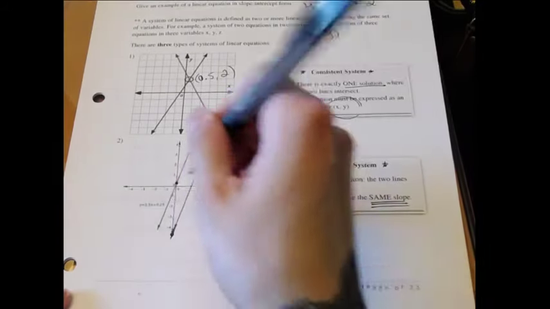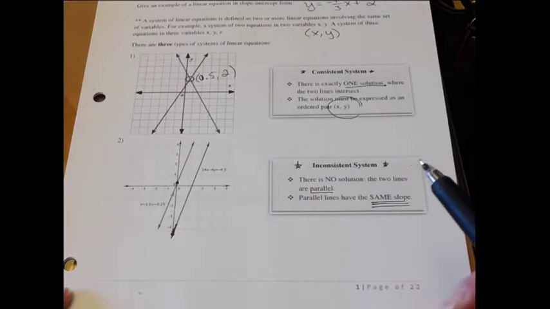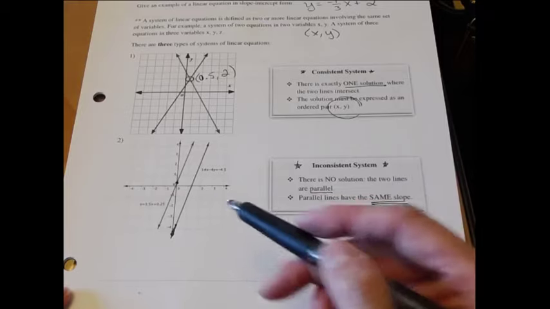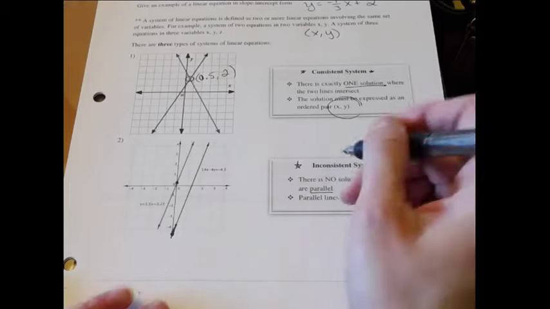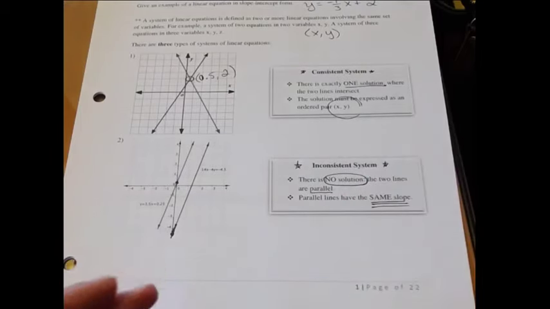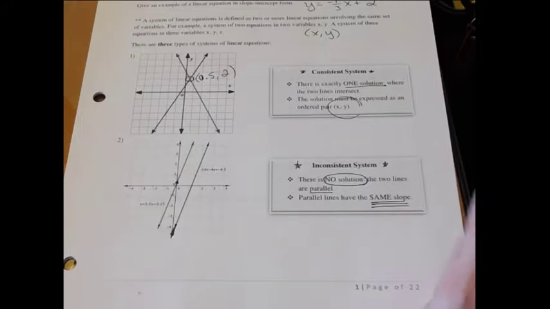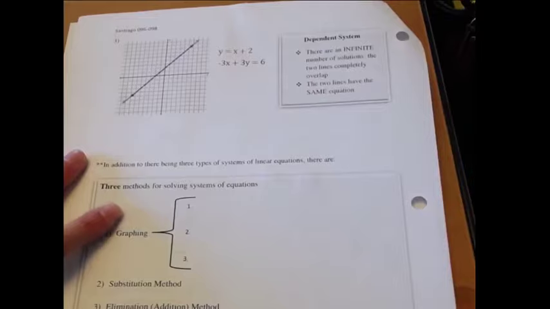So my y-intercepts are definitely different, but the slopes are completely the same. So that would be an inconsistent system. The answer to a system where the lines are parallel would be no solution, because they don't cross. They never cross. So you would say that there's no solution. That should make sense. Let's look at the third type of system, and that is called a dependent system.